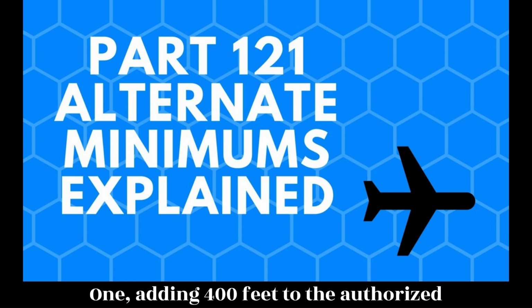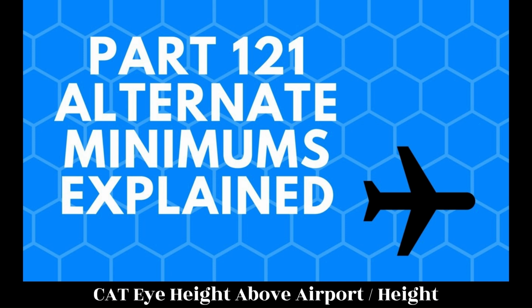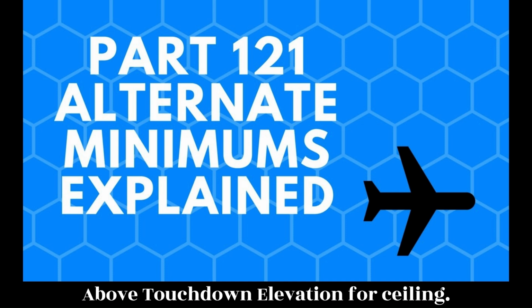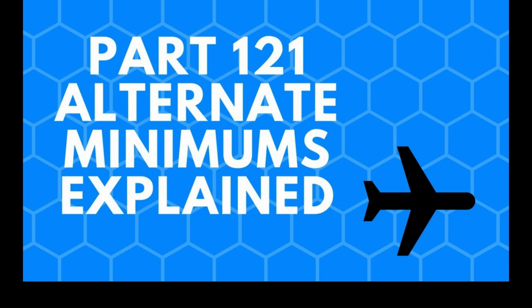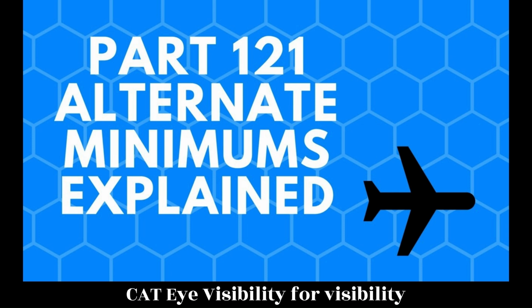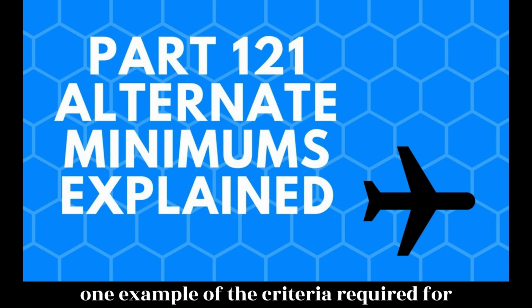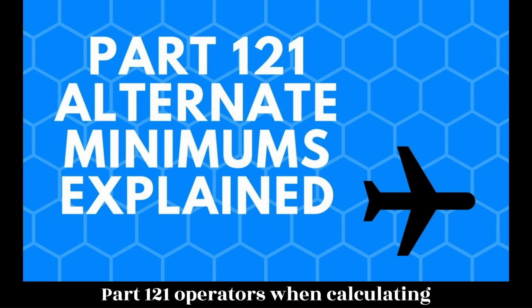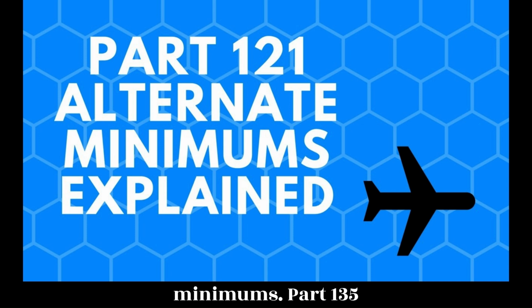Adding 400 feet to the authorized CAT-I height above airport, HAA/height above touchdown elevation, HAT, for ceiling. 2. Adding 1 mile to the authorized CAT-I visibility for visibility minimums. This is one example of the criteria required for Part 121 operators when calculating minimums.